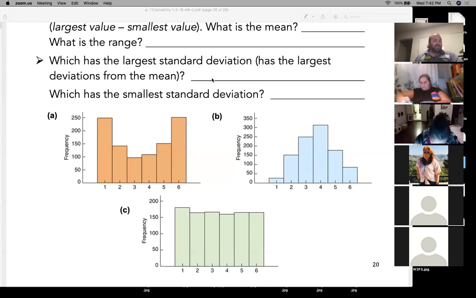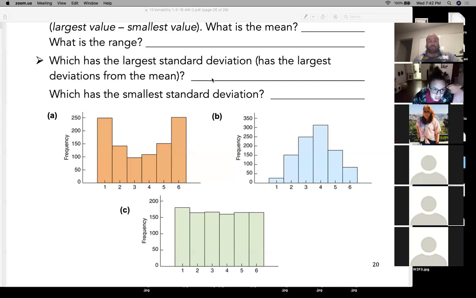And what does the range for all of them look to be about? Or exactly? What's the range exactly? 5. 6 minus 1, 5. Now, which of these has the largest standard deviation? And which one has the smallest?